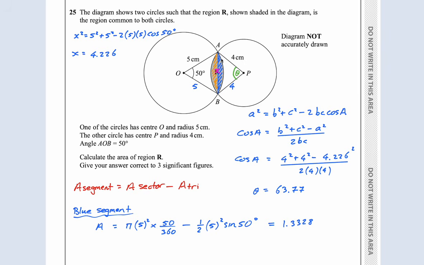Small number, but it kind of makes sense, guys, because it's a small circle. So the blue segment is this.